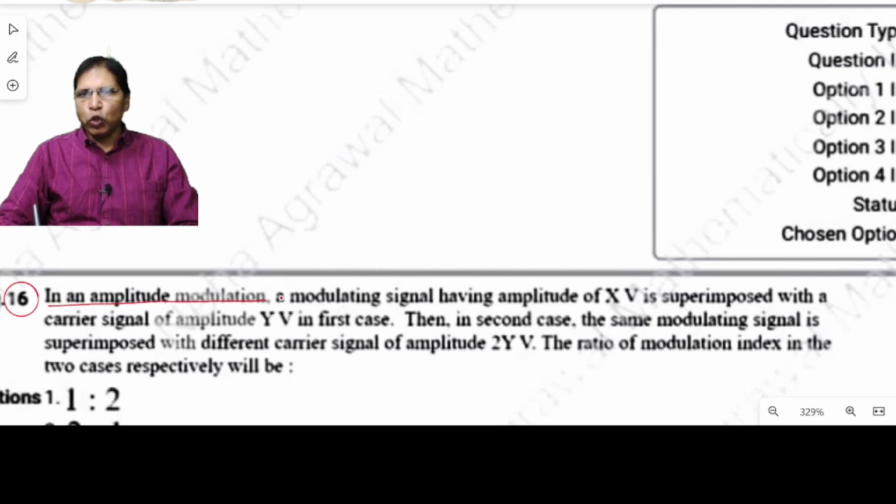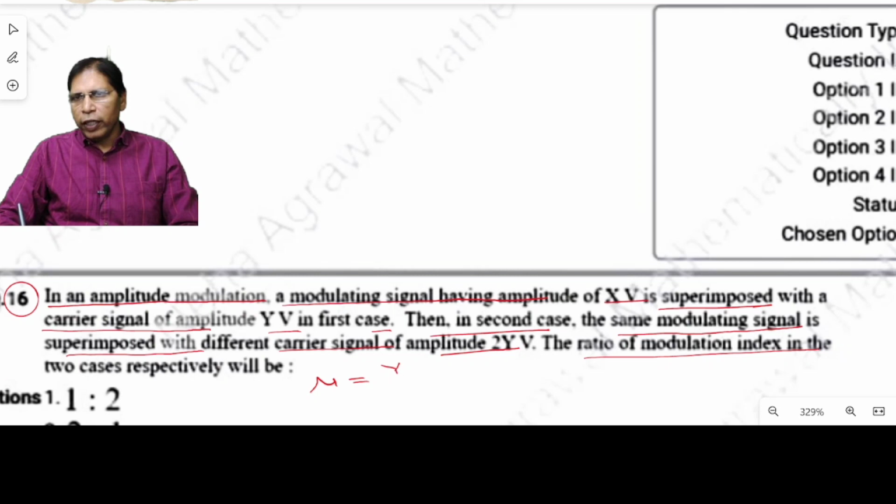Now question number 60. In amplitude modulation, a modulating signal having amplitude x volt is superimposed on a carrier signal of y volt in the first case. In the second case, the same modulating signal is superimposed on a different carrier signal of amplitude 2y. Find the ratio of the modulation indices. Modulation index equals amplitude of the modulating signal divided by amplitude of the carrier wave.